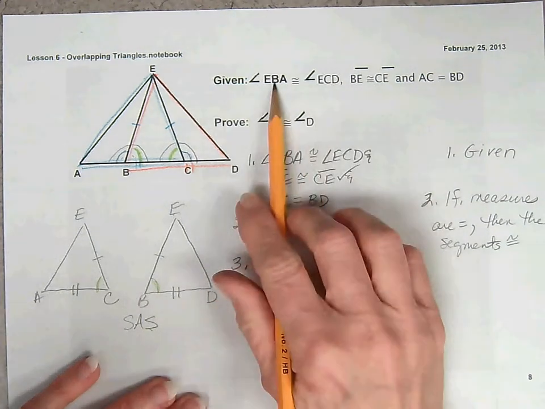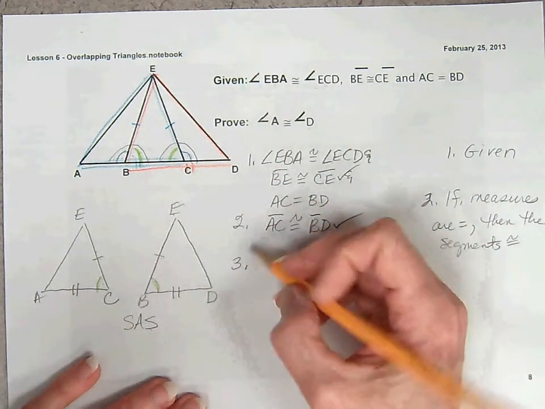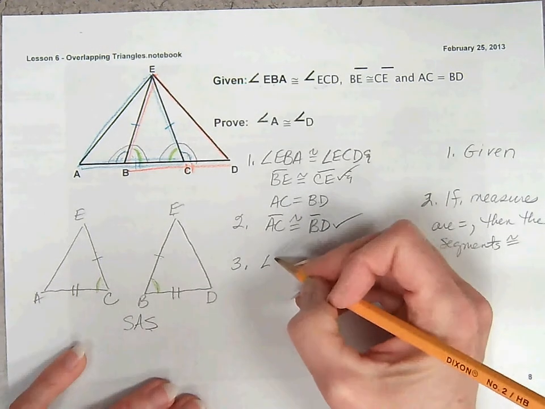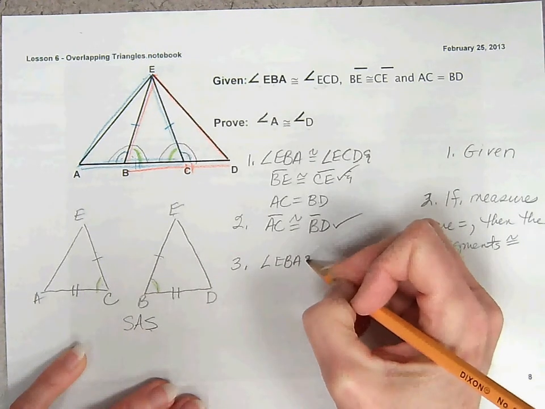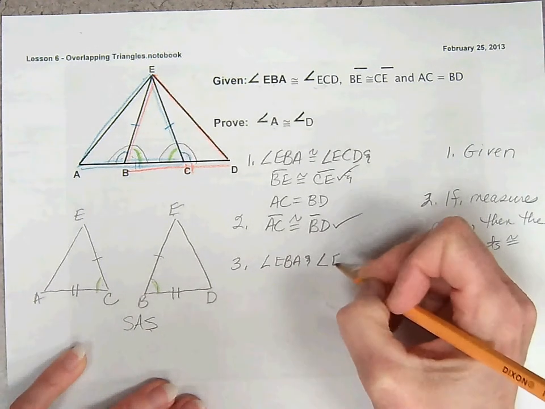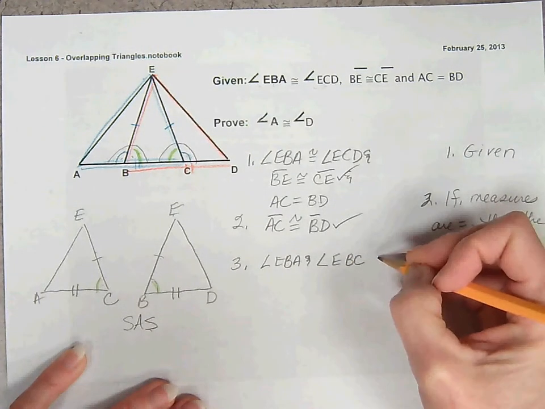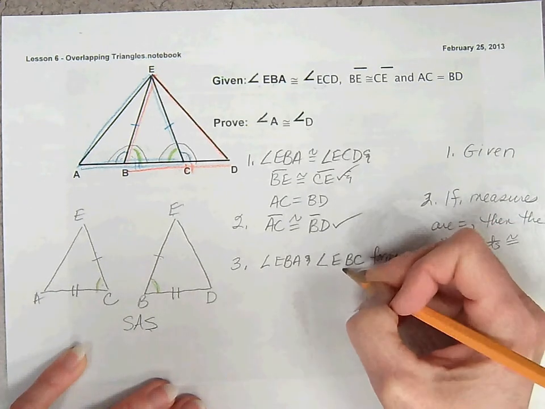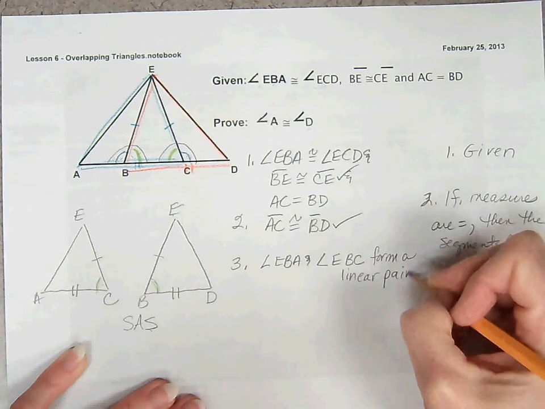Okay, we are given that these angles are congruent, and we can tell that these form a linear pair. So we say angle EBA and angle EBC, or D, form a linear pair.